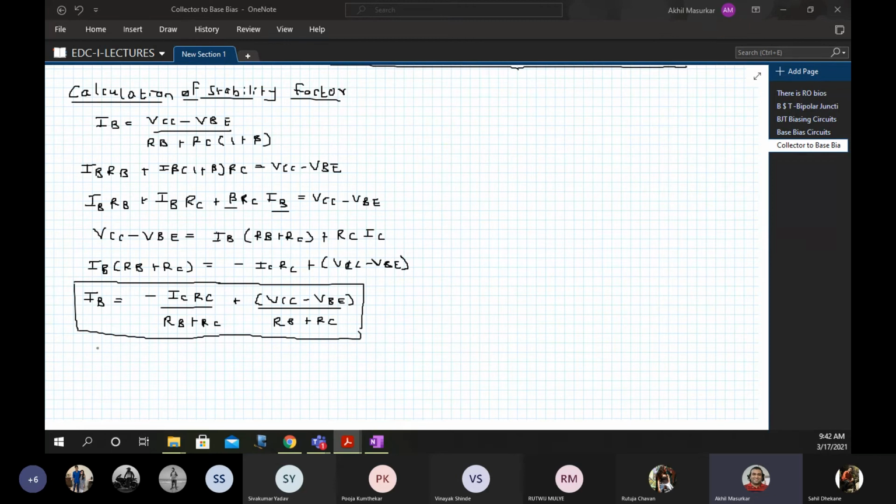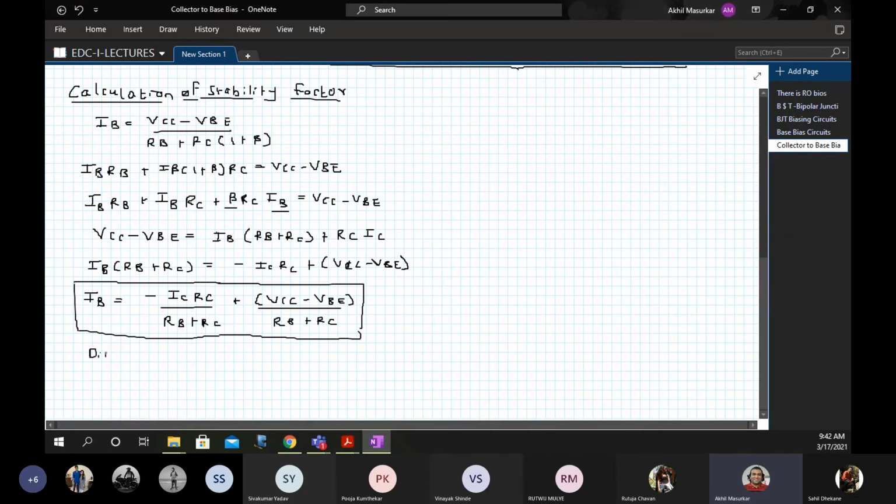So now I will write, differentiating with respect to IC. Delta IB upon delta IC is equal to, the derivative of the first term will be simply minus RC upon RB plus RC, plus VCC, VBE, RB, RC are all constants, so that will be 0.